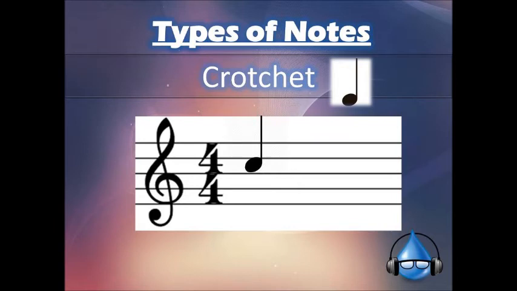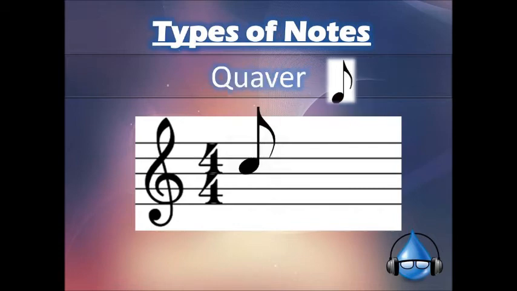Crotchet. It will sound on each beat and stay only for 1 beat, which means to satisfy the time signature we have to put 3 more notes. Let's listen to it. Similarly, a quaver will be half a beat and have 2 notes on a single beat and follow on the pattern.